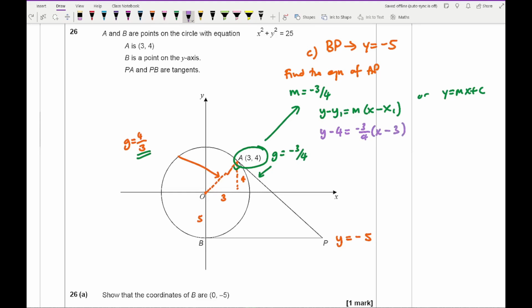Then expanding, moving things around, I get 4y minus 16 equals minus 3x plus 9. So I get an equation of 4y plus 3x equals 16 plus 9, which is 25. So that is the equation of this line.